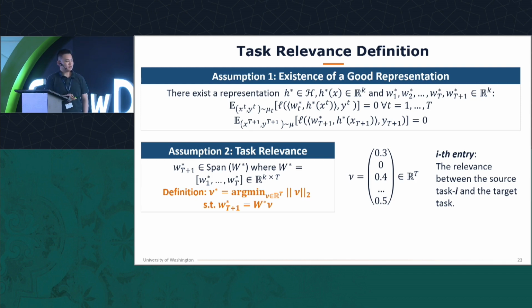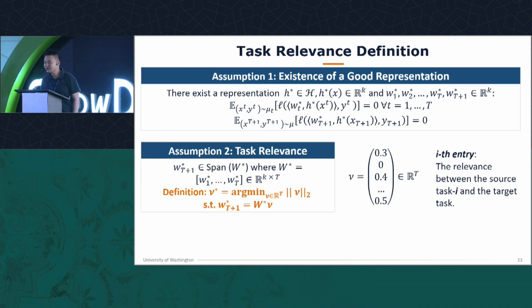This nu star, with the optimal coefficients, is a t-dimensional vector, because you have t tasks, and for each task we have a score to characterize the relevance between the source task and the target task.